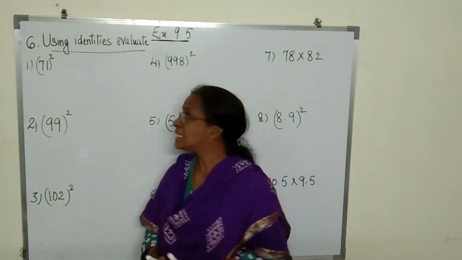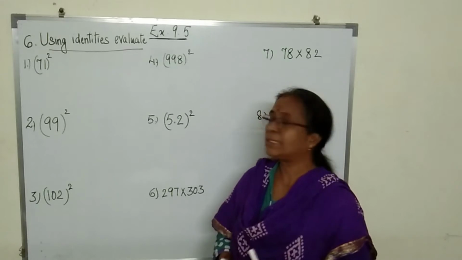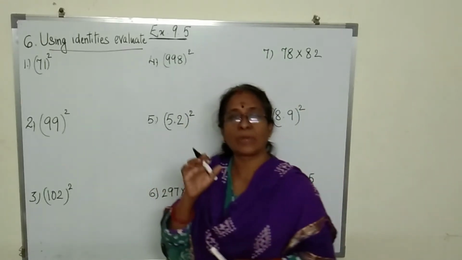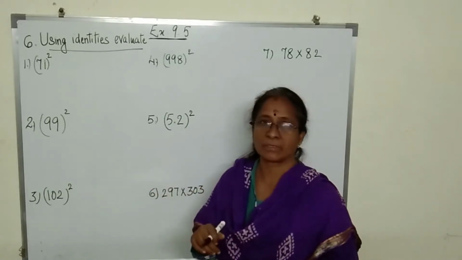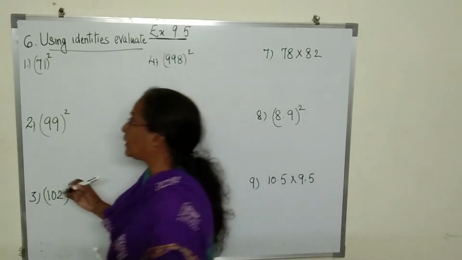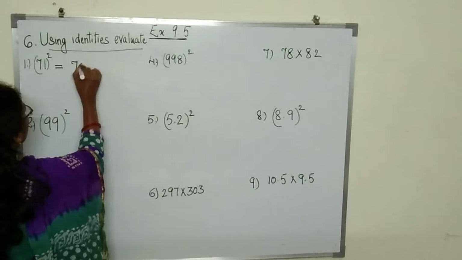To find 71 square, think of a multiple of 10 which is nearer to 71. Which is the 0 ending number nearer to 71? 70. Okay. So first let us write 70.